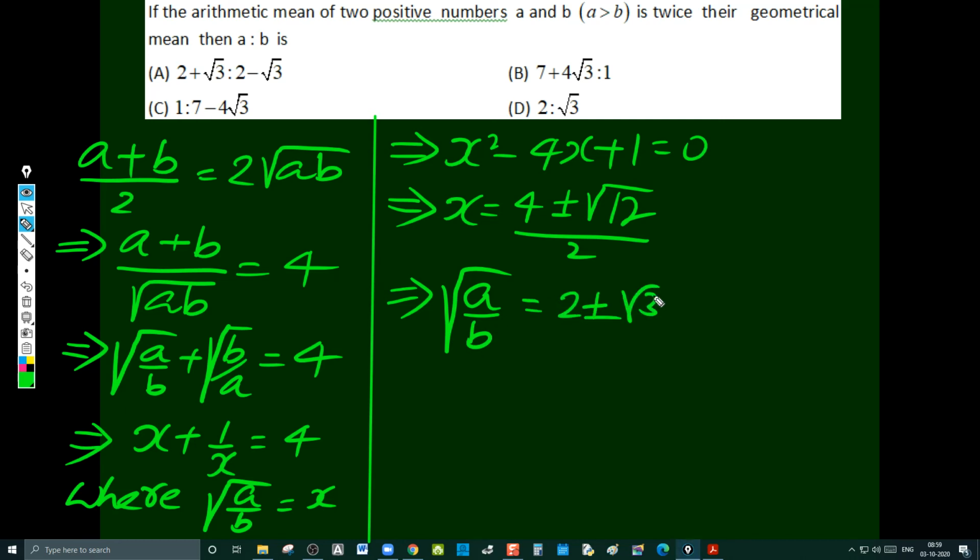That means root a by b can be 2 plus root 3 or 2 minus root 3.